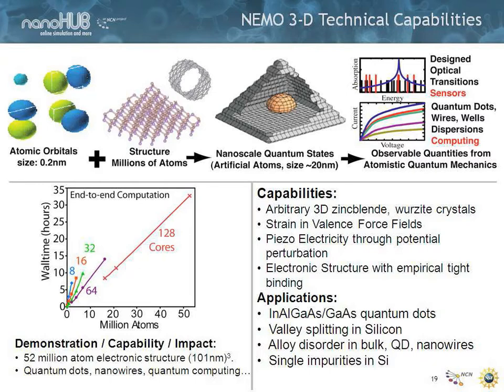We can apply this now for indium gallium arsenide quantum dots, for valley splitting in silicon, alloy disorder in bulk, quantum dots, nanowires, and single impurities in silicon. So these are going to be in the subsequent lectures on how we utilize a tool like that to answer interesting questions that you couldn't answer really any other way.